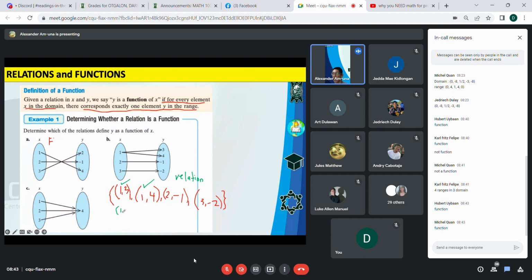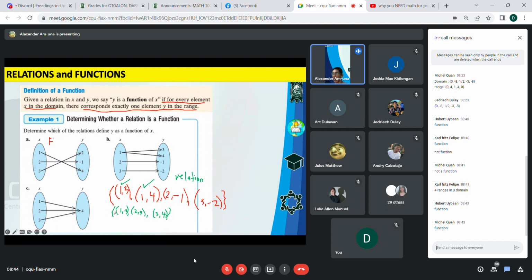We have 1 and 4, we have 2 and 4, and then we have 3 and 4. Okay, so this will be our set of ordered pairs that represent this correspondence.